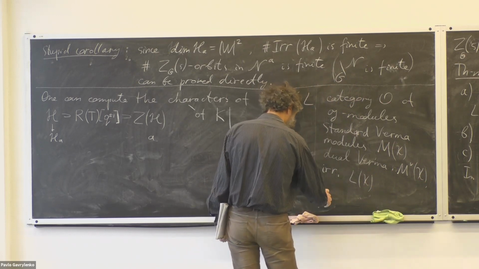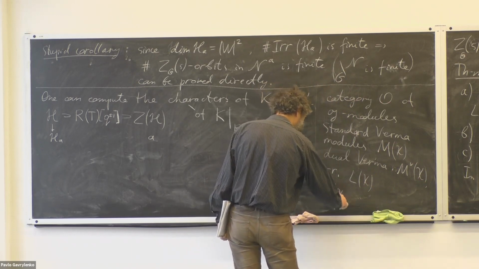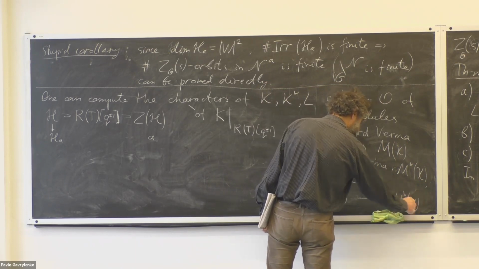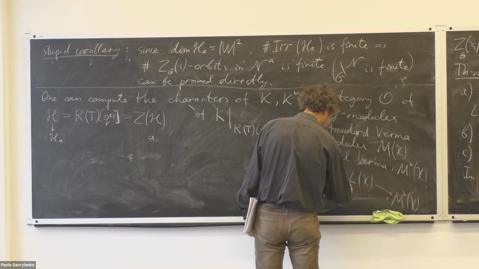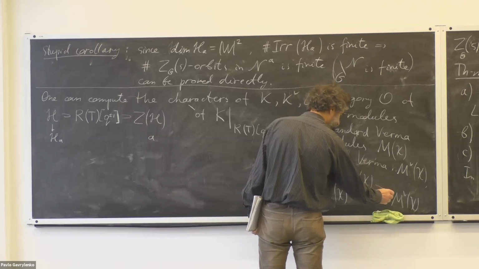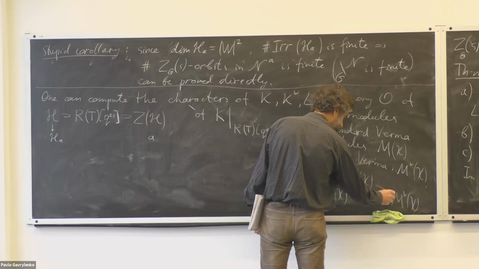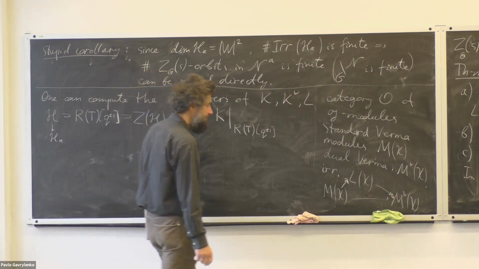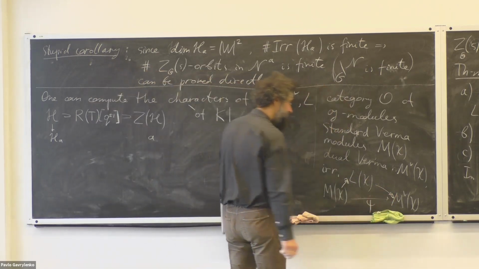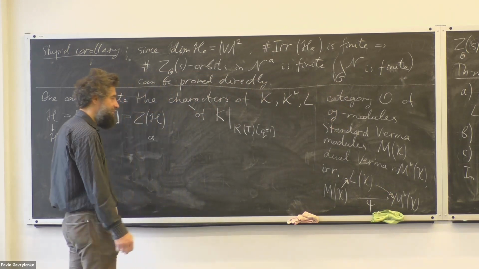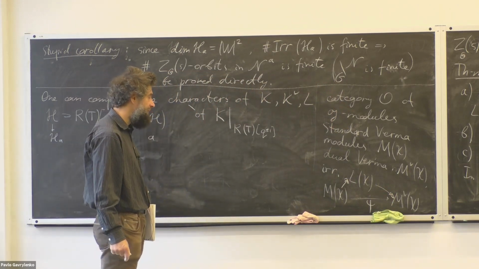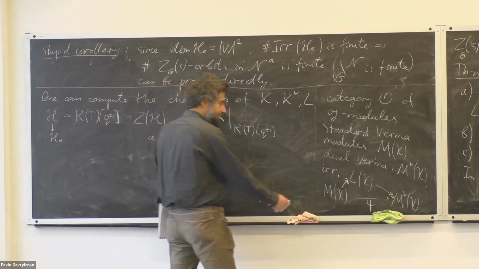In fact, there is a standard map from the Verma module to the dual Verma module, and it factors through the canonical surjection onto the irreducible head, the quotient L of chi.